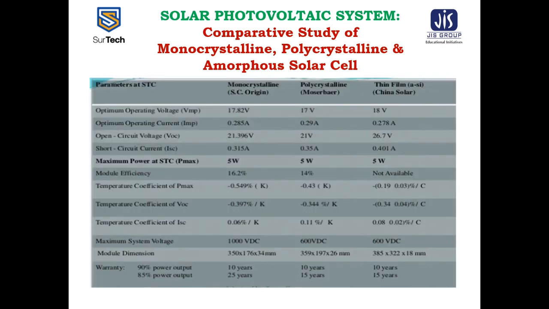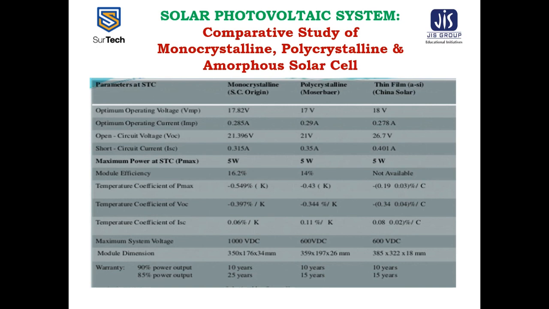As for performance, the optimum operating voltage for monocrystalline is 17.82 volt, for polycrystalline 17, for thin film 18 volt. Optimum operating current is 0.285 for monocrystalline, 0.29 ampere for polycrystalline, and 0.278 ampere for the thin film.